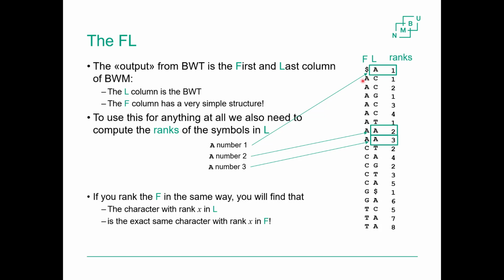So this A and this A is the same A from the reference. And this A here is exactly the same A as this one here. Right? And this applies to all symbols. Go back to the previous slide to reveal why this is the case.